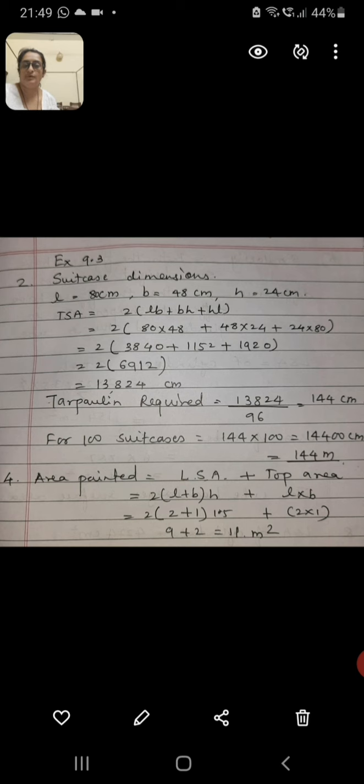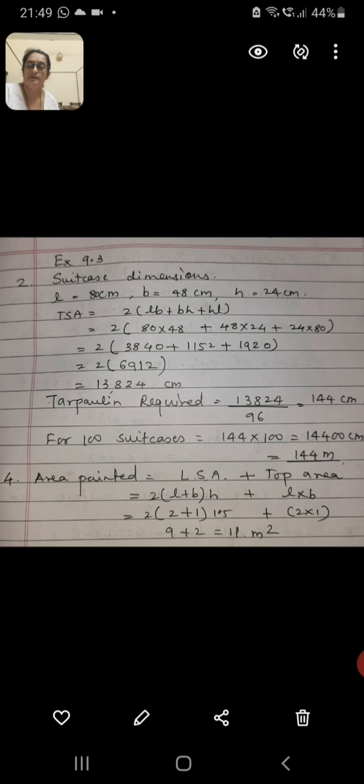Fine, that is of one suitcase. Now the tarpaulin's width is given, that is 96 centimeter. So we will find how much tarpaulin is needed. 13,824 divided by 96, we get 144 centimeter of the length of the tarpaulin required.